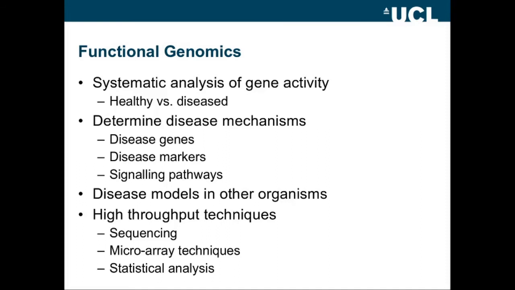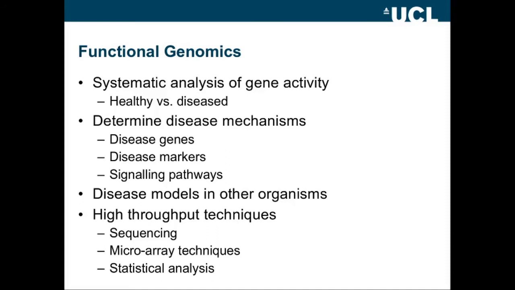So obviously we can use disease models in other organisms, and actually having a good model in another organism is really essential for being able to analyse what's going on with diseases and with drugs.